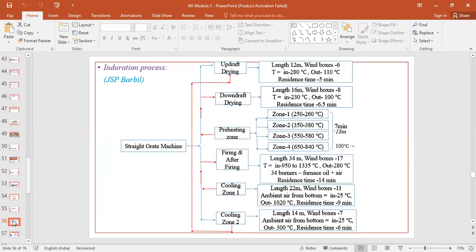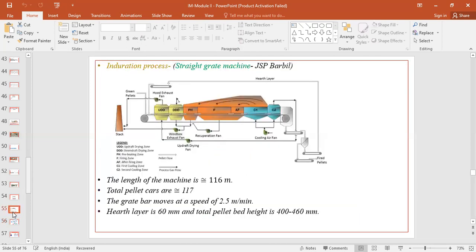This is the procedure where we do the induration process on the straight-grate machine. Just as we discussed how the heat is supplied from one stage to another in the Grate-kiln technology, here also in the straight-grate machine, you can clearly see in this particular picture the amount of heat required for the updraft drying zone.